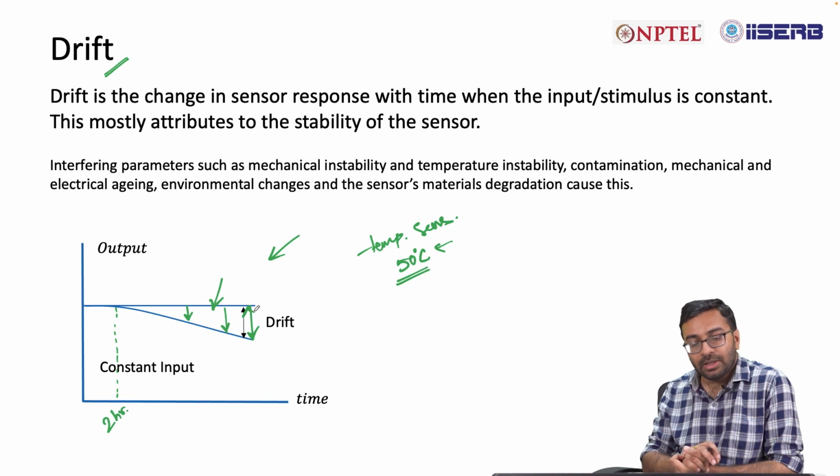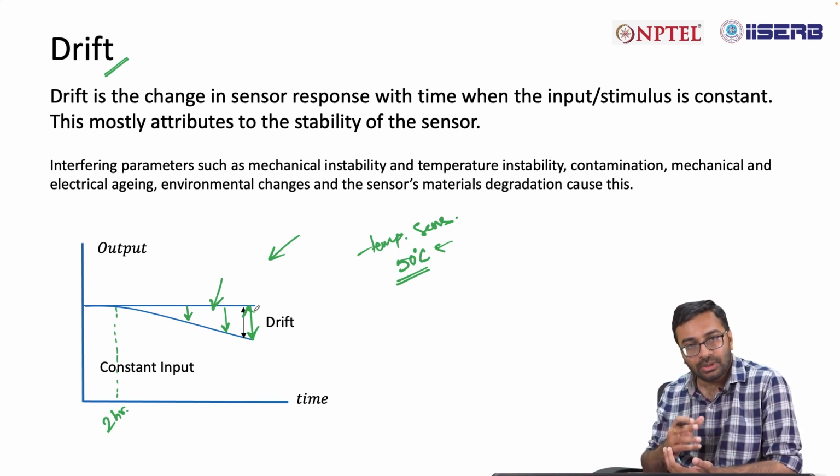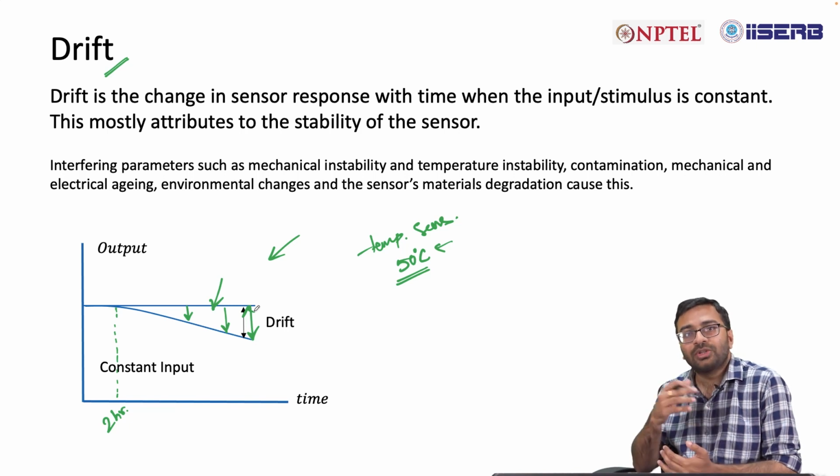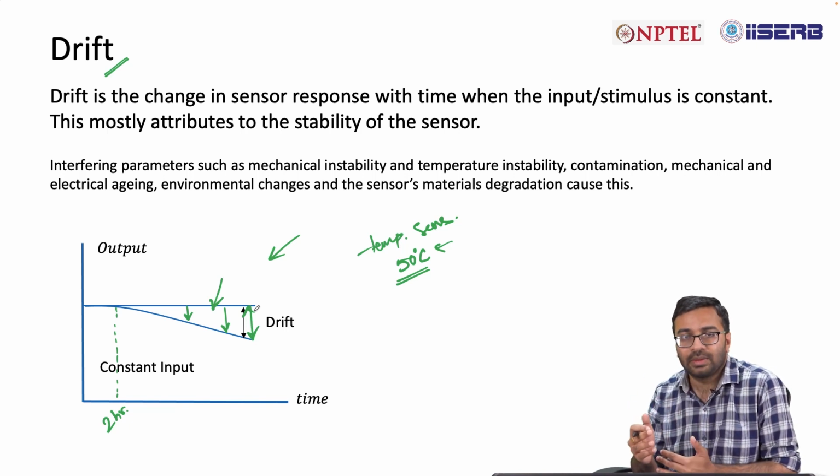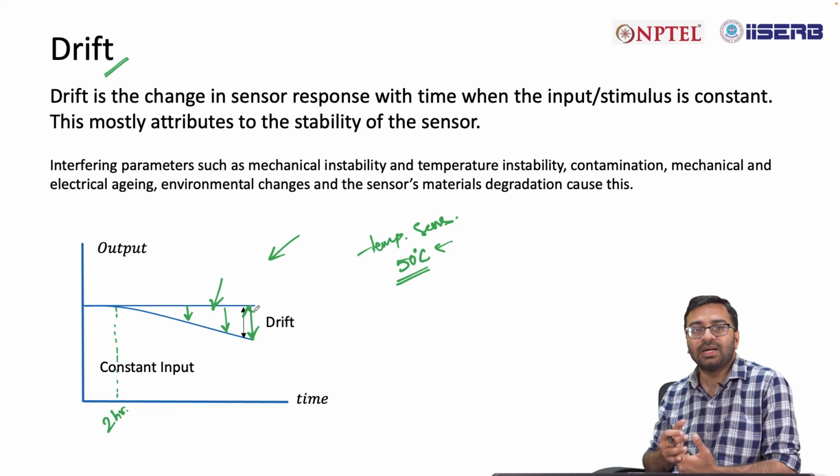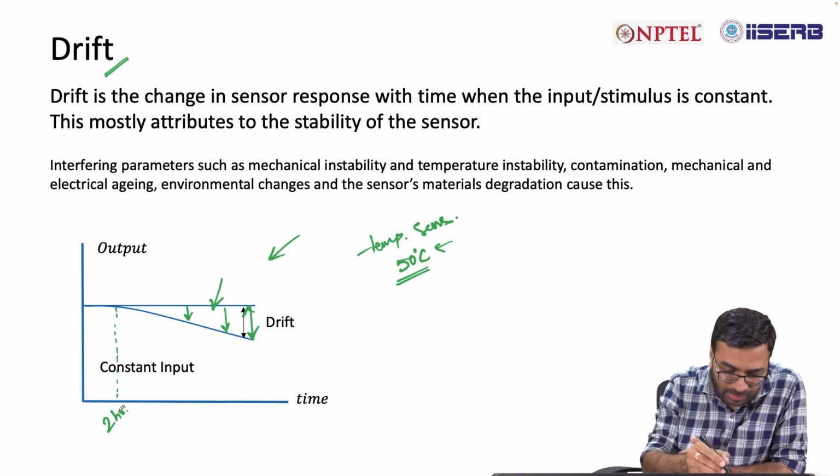However, based on the material used, material degradation, electrode degradation, or because of some external influences as well, you may find that the response of the sensor is decreasing or changing with respect to time. That means your sensor is having a drift. This timeline may vary.